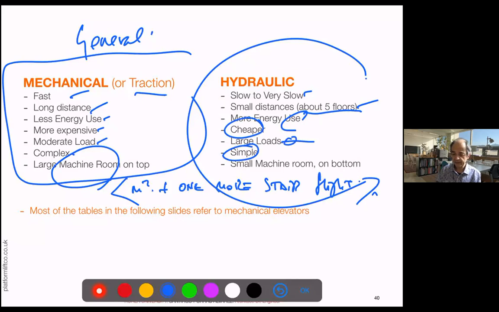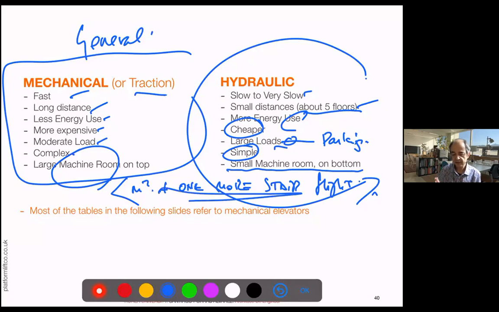So most of the parkings, right, this is usually 1, 2, 3 floors you go down, so you can have time to wait. And you can have cars, trucks, buses, tractors, large loads, right? And the machine room can be on bottom, can be in any floor, but usually it's bottom, and you need very, very few small space.